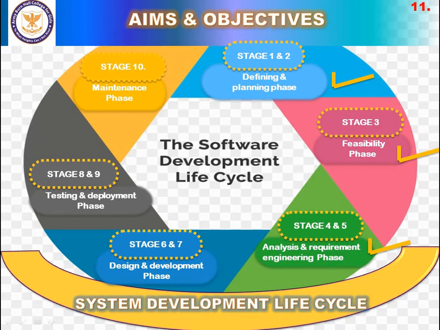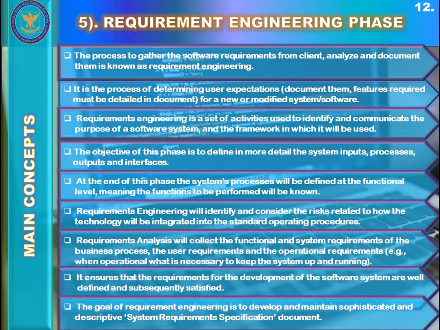Our today's objective is to cover the concepts of this 5th phase called the requirement engineering phase. So what is requirement engineering? As the name indicates, it has something to do with the requirements.